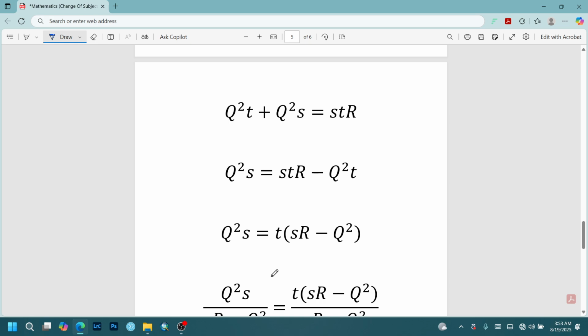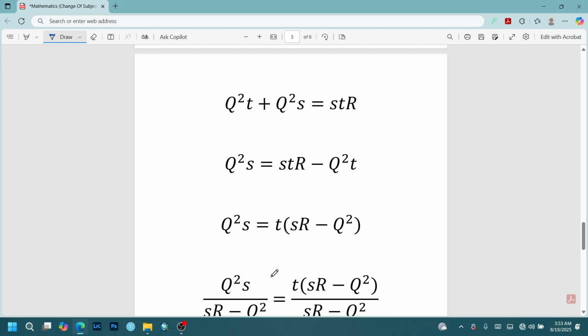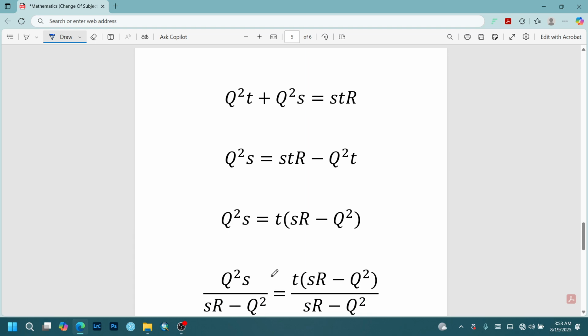So we have to do some cancellations out, right? So now t multiplying sr minus k squared, all in brackets, is a dependent variable, right? So t is dependent on sr minus k squared, all in brackets, right?